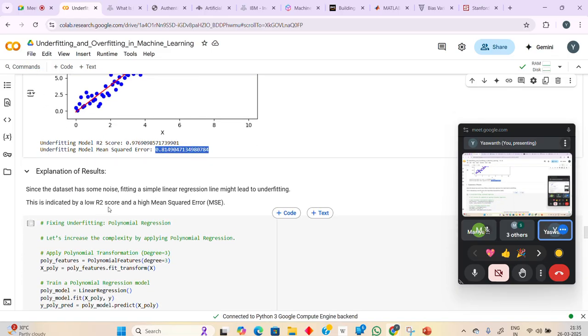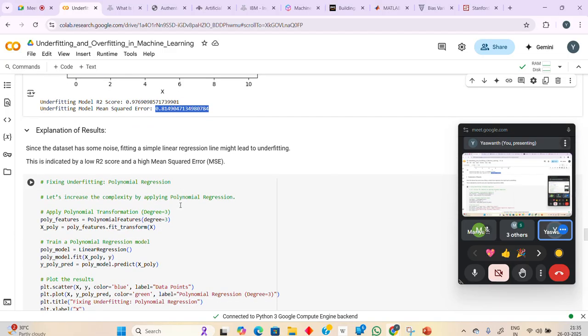Here the data set has some noise, and fitting the linear regression might lead to underfitting. It is indicated by low R square and high mean square error. Remember this point: low R square and high mean square error is the indication of underfitting.